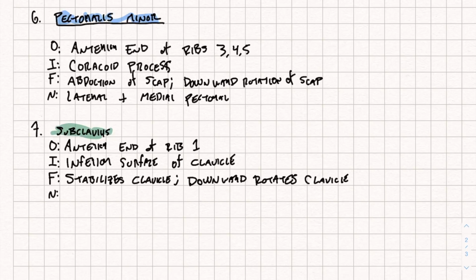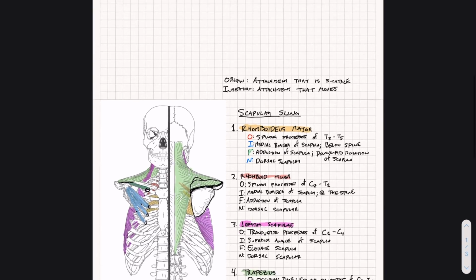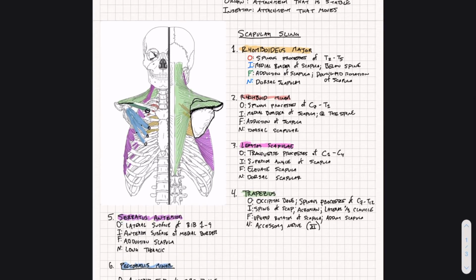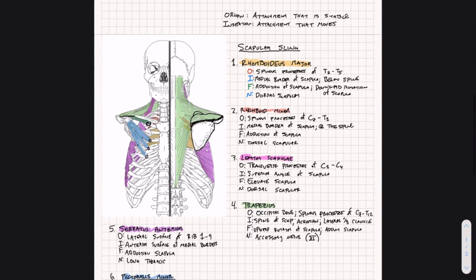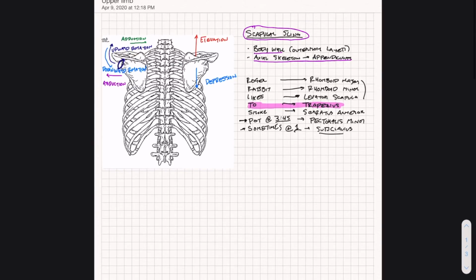Downward rotation of the clavicle would also affect the scapula, so that's why that's there. And the nerve is called the nerve to the subclavius muscle. So nerve to subclavius. Okay, so there's our scapular sling muscles, all the origin, insertion, function, and nerve. There's the picture that you might see on the exam, and there's the actions of the scapula.